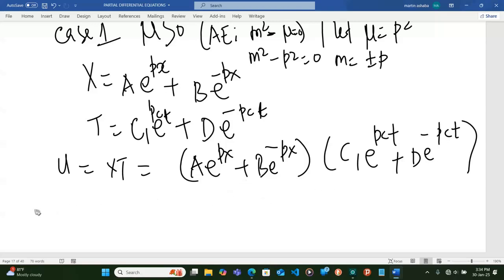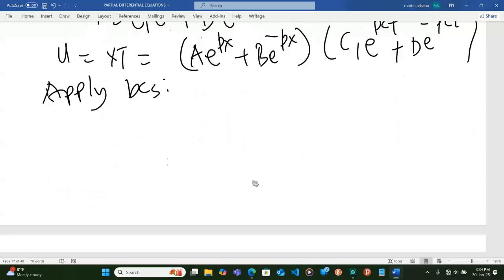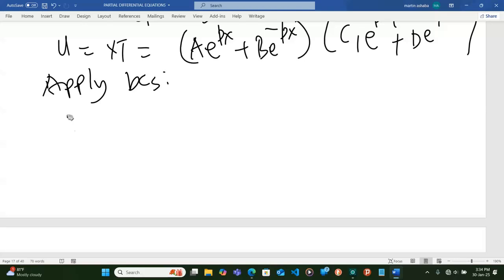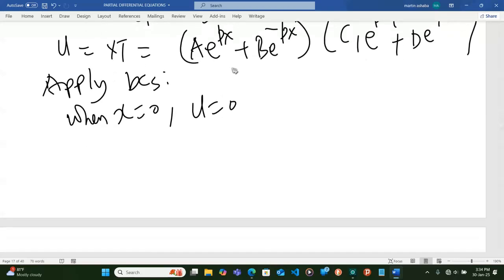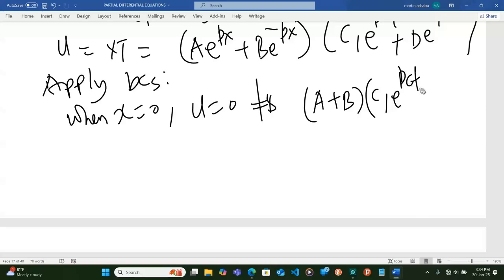Now let's apply boundary conditions. When you apply boundary conditions, we find that when x is equal to 0, u is equal to 0. So when we put in 0 here, this is what we are going to have. I'll have A plus B, into c1 exponential of pct, this is small p, plus d exponential of negative pct, everything equivalent to 0.